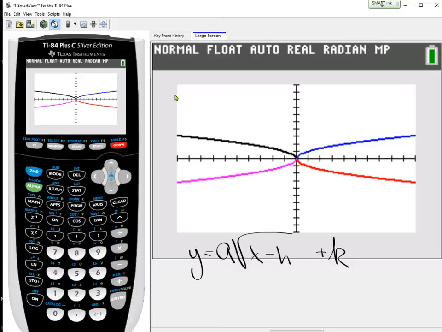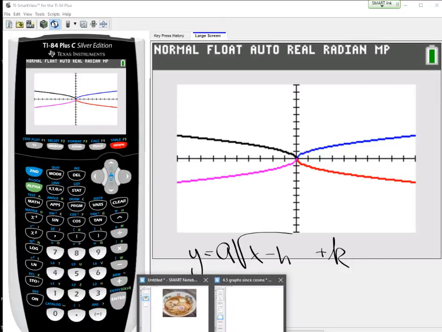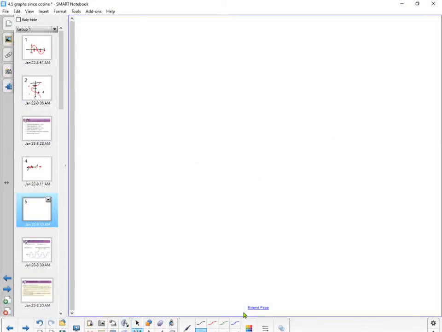Even when we did the logarithms, you guys remember the logarithm ones? If I had y equals log, let's go base x. How can I change how fast it goes up, or stretch or compress? There would be an a value up front.